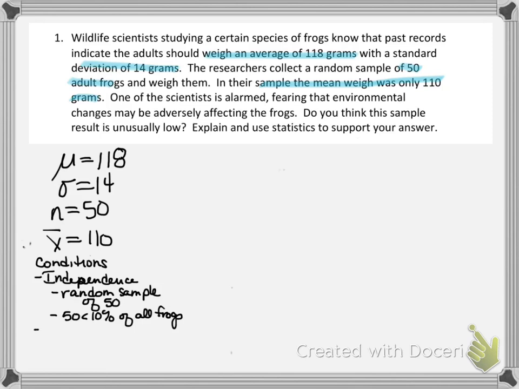Now we need to check whether we have a large enough sample. Based on the central limit theorem, we need 30 or higher in our sample. Our sample is 50, and 50 is greater than or equal to 30, so that checks. We have a large enough sample and we have shown independence, so conditions are met for a normal model.